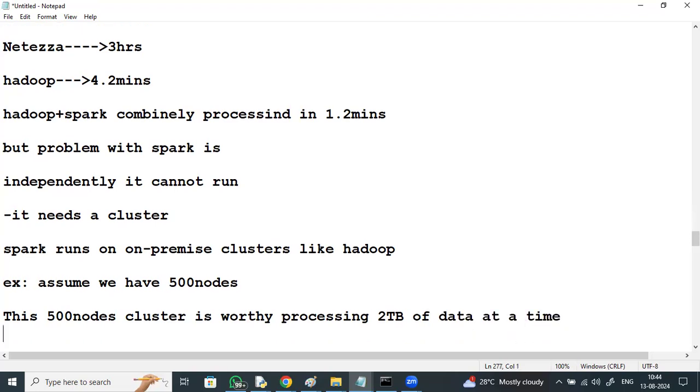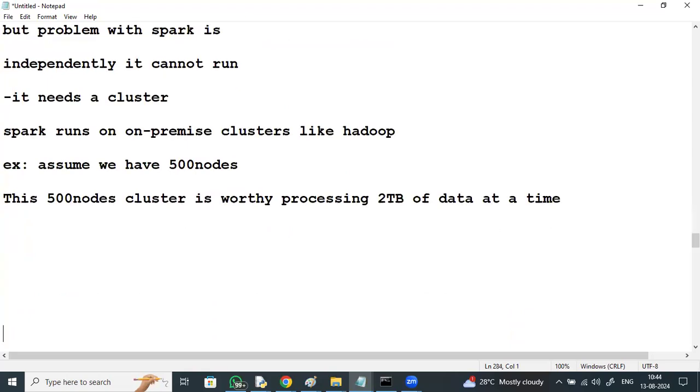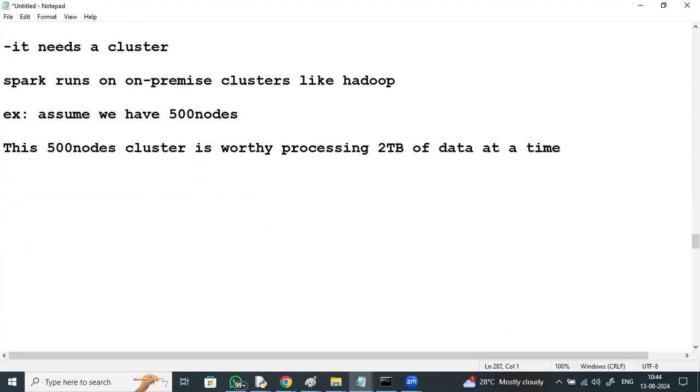Understand this? 500 nodes means a 500 CPU cluster is worthy of processing 2 TB of data at a time.